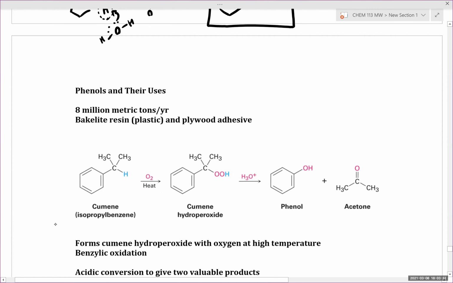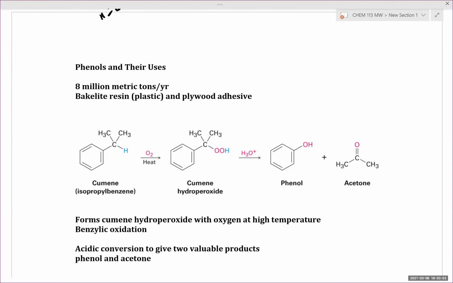Let's begin our discussion and talk a little bit about phenols and some reactions relating to phenols. Phenols are generated by the ton. They're quite useful in resins and adhesives. Phenol is commercially generated via oxidation of isopropyl benzene and other substituted benzene structures.